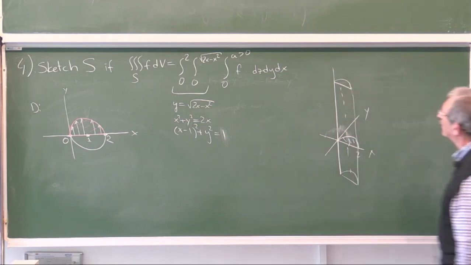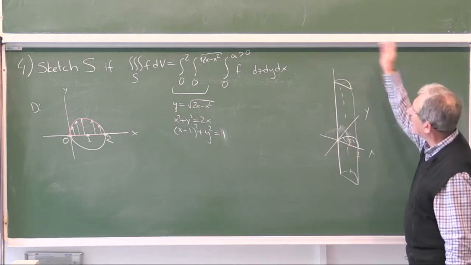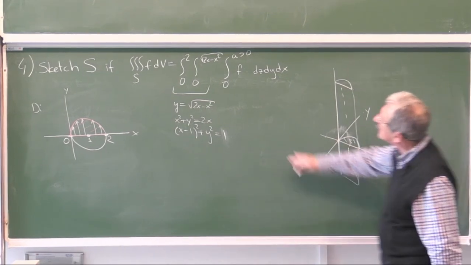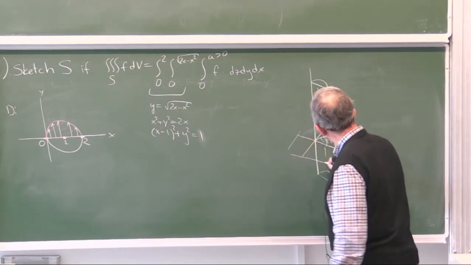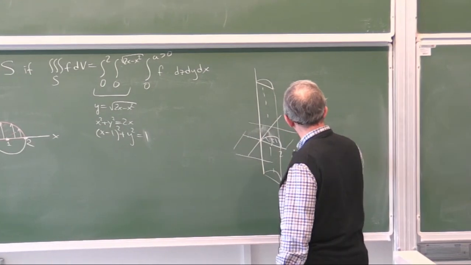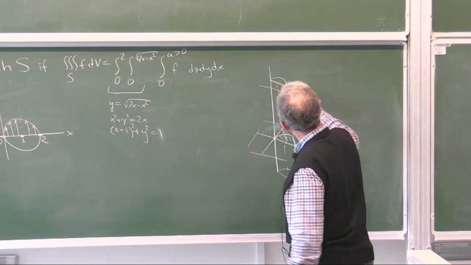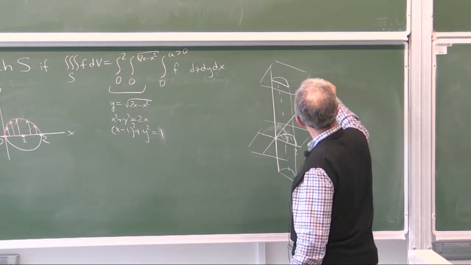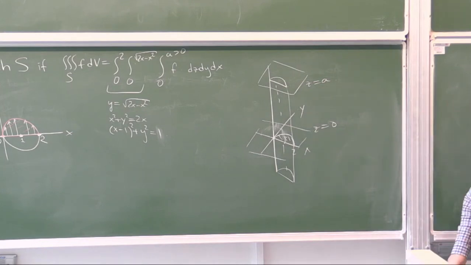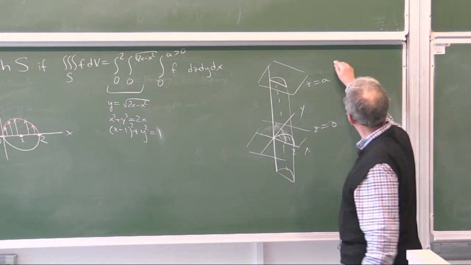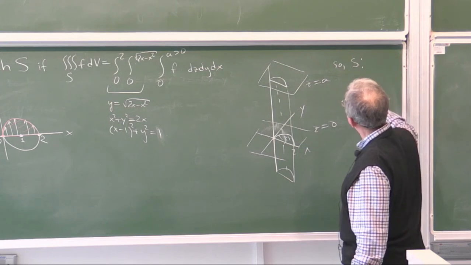So you take this and move it up and down, but this tells us that it is bounded by 0 here, and it's bounded by A here. So S is something like this.